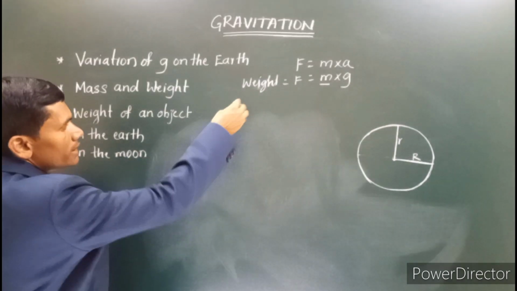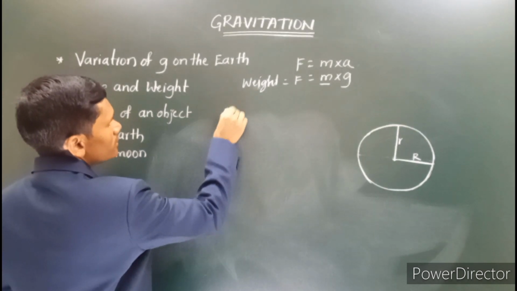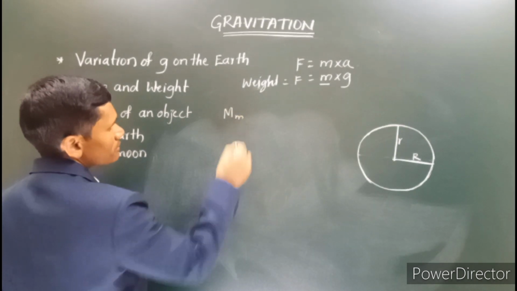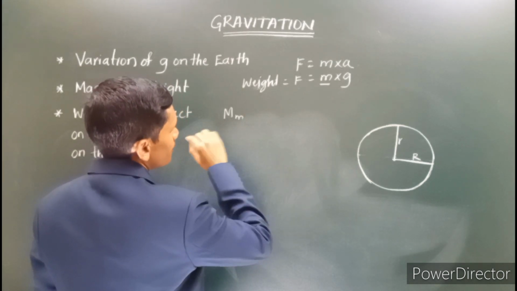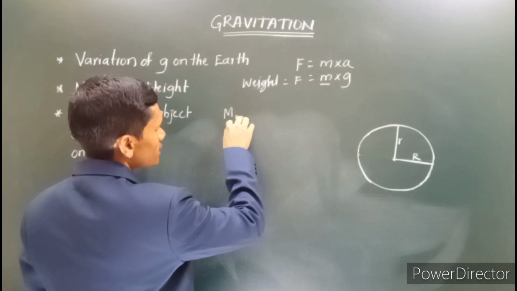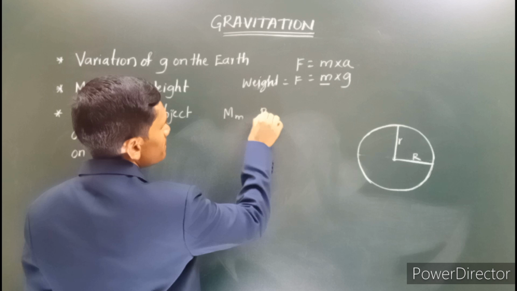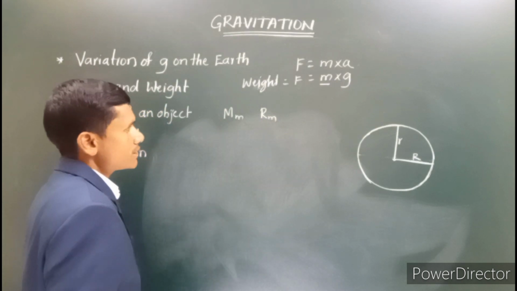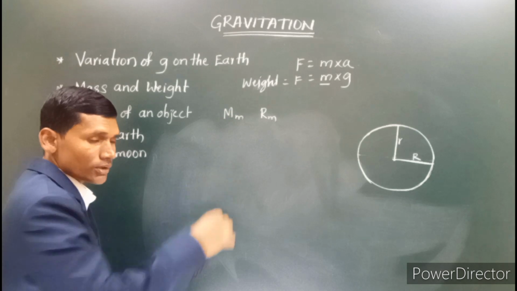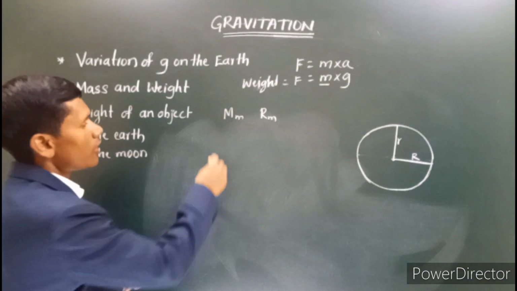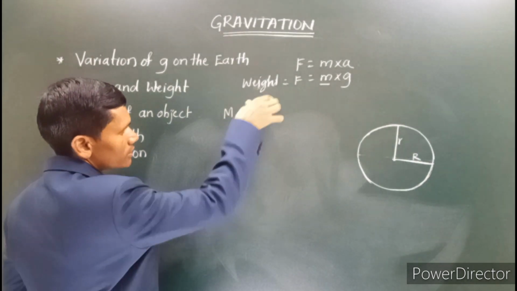Now let the mass of the moon be m, and its radius be rm. Let us apply the universal law of gravitation to this moon.